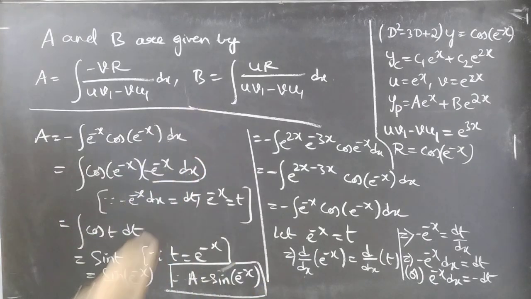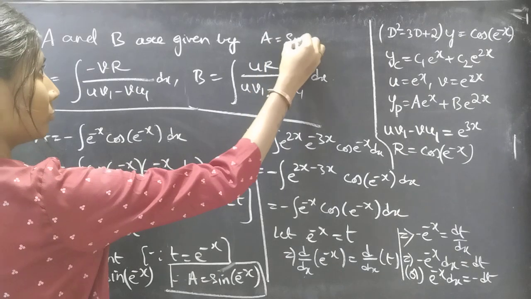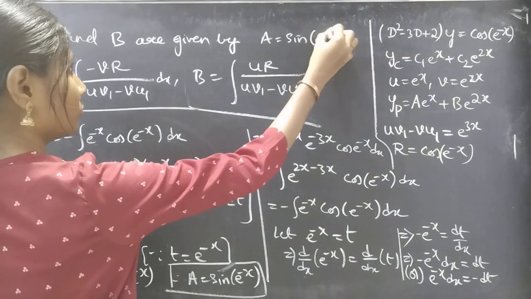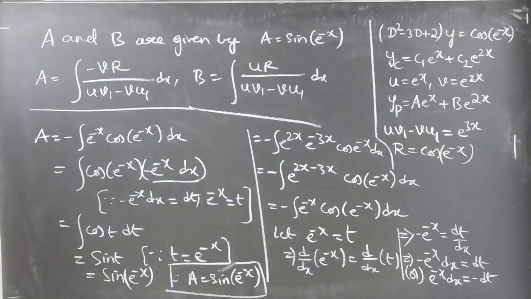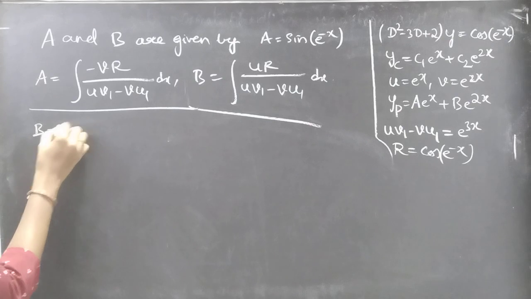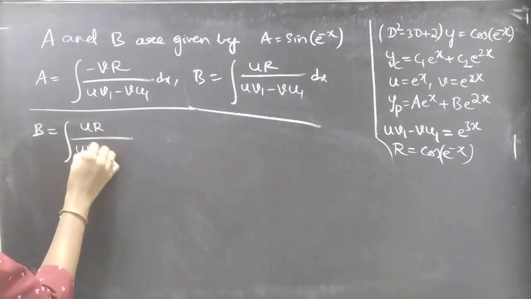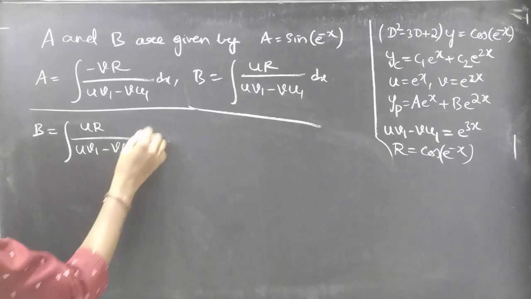Now we need to find B. We got A. Let's find B. B is given by the integral of ur by uv1 minus vu1 into dx.